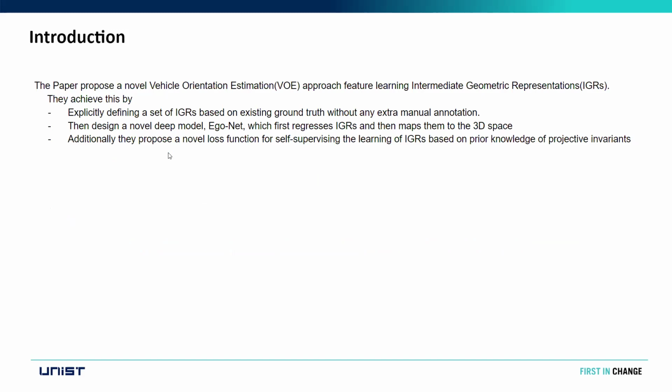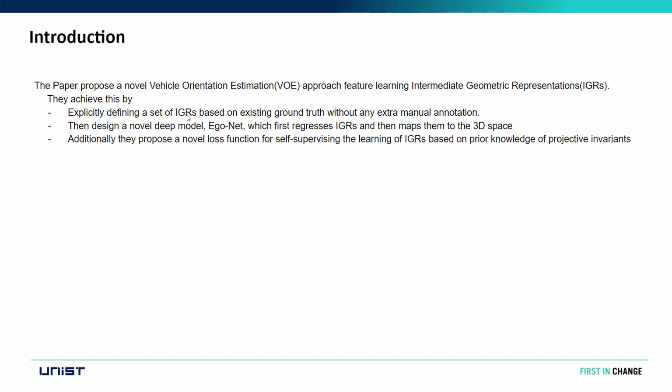So to this end, this paper proposed a novel vehicle orientation estimation approach featuring learning intermediate geometric representations, also known as IGRs. They achieve this by defining a set of IGRs based on the existing ground truths without any extra manual annotation.